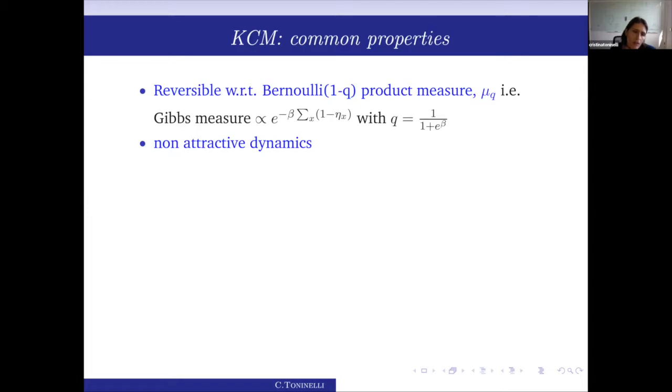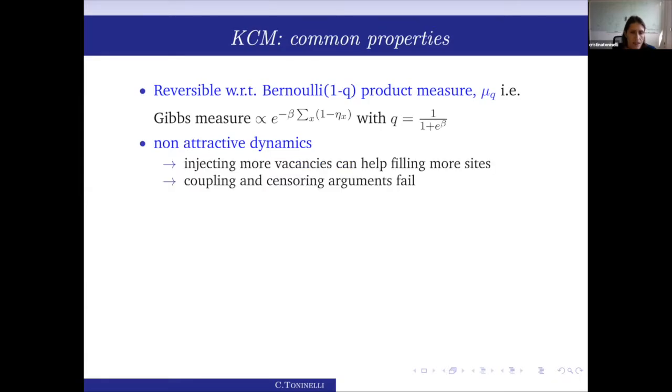The second comment is that the dynamics of this KCM is not attractive, in the sense of interacting particle systems, which roughly corresponds to saying that if I have a configuration and then I modify it by injecting more vacancies, more empty sites, the presence of more empty sites can have unpredictable consequences.